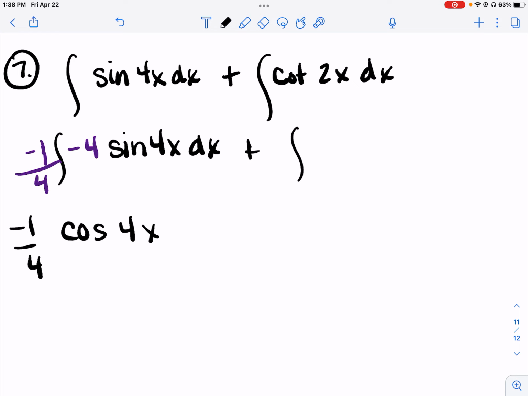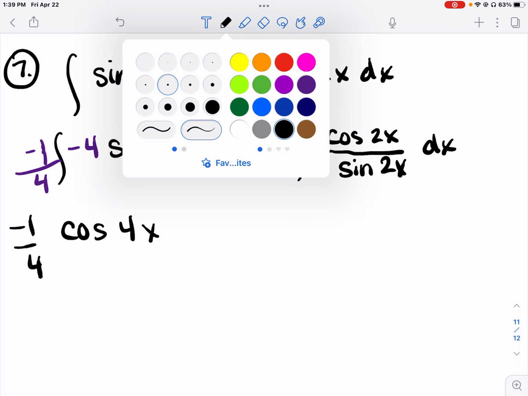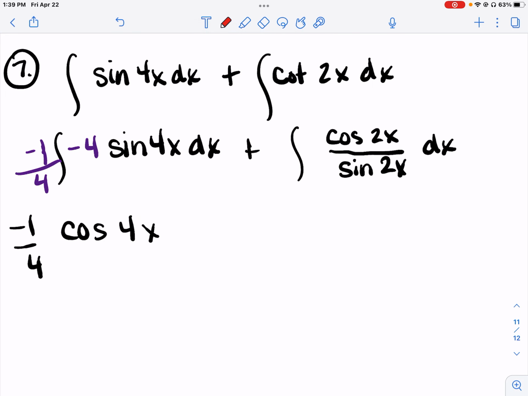You can memorize the cotangent, but all you really have to do is change it to cosine over sine. Now the derivative of sine 2x would be 2 cosine, so times 2, 1/2 on the outside.